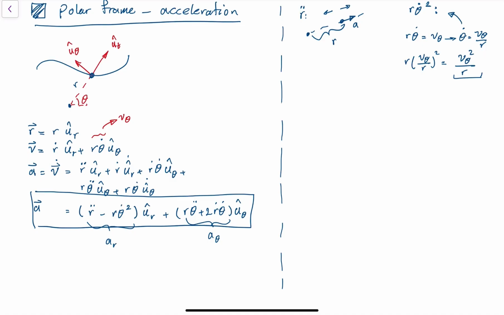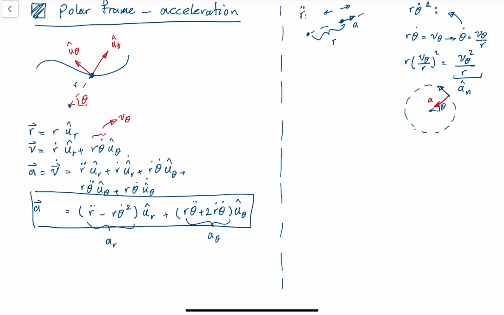And this form looks familiar. It is almost the same thing as centripetal acceleration, or the acceleration in the normal direction that we had in the normal tangential frame. So if you assume you're going around a circle in the most simple case, and you're going with constant speed along that path, you will have some acceleration toward the center.